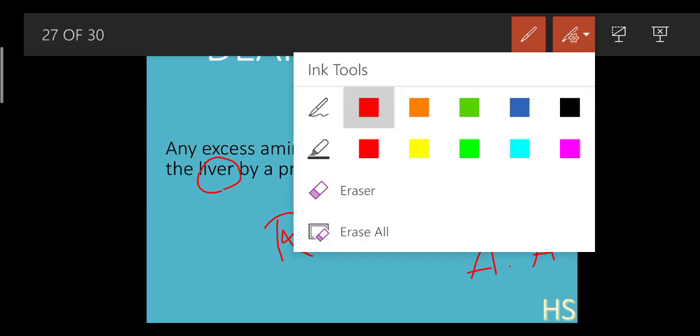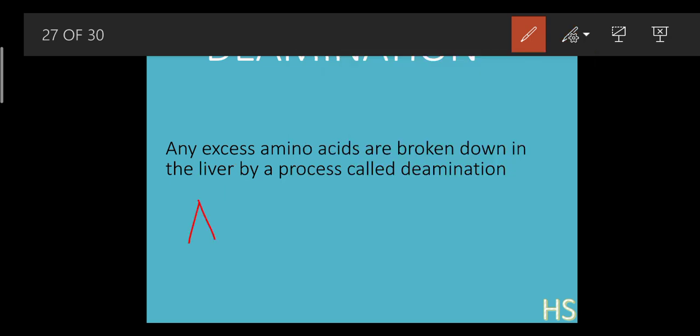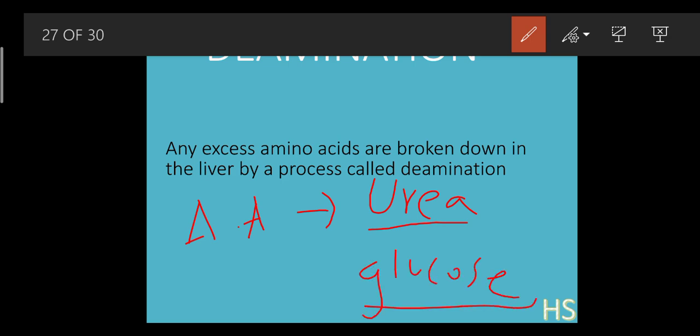Okay, so what happens when this breaking down of the amino acids takes place? When the amino acids break down, they get converted into urea, and urea is then moved out through excretion, and the part which is not excreted out of the body gets converted into glucose, which is easily digestible.